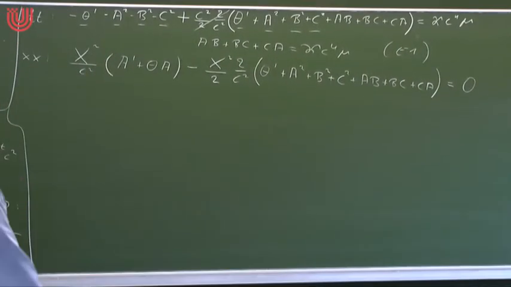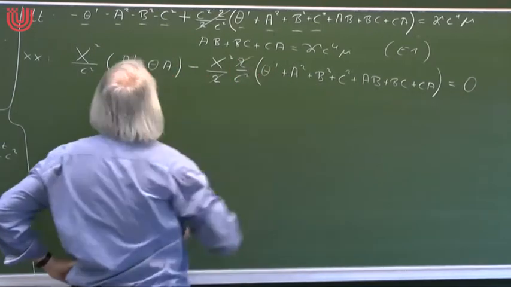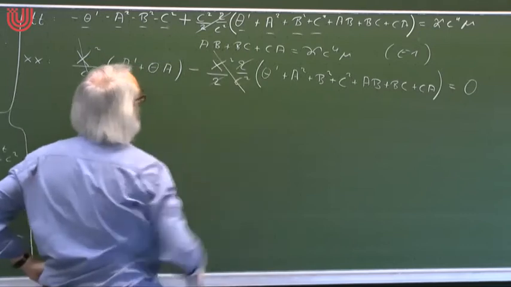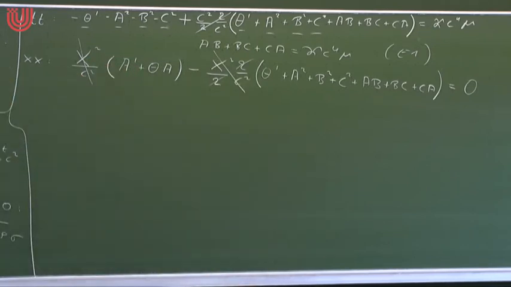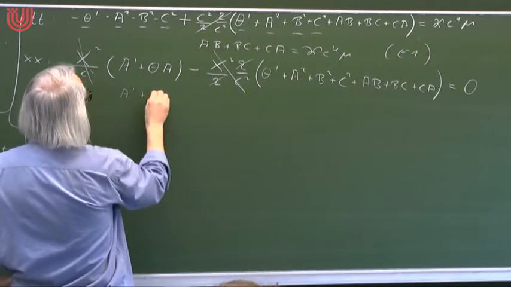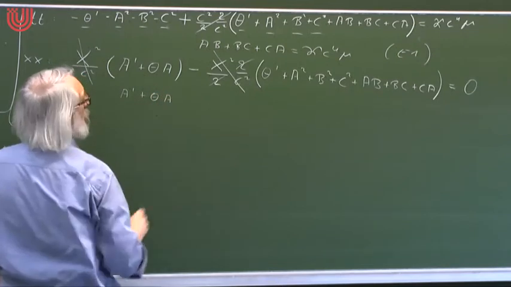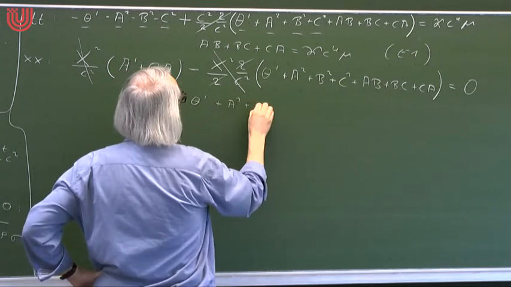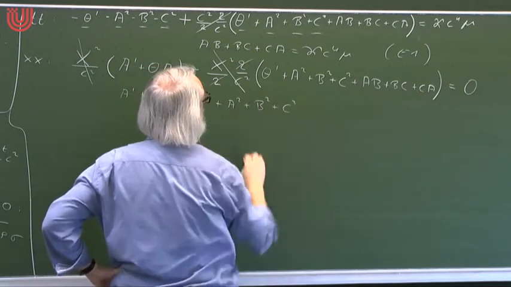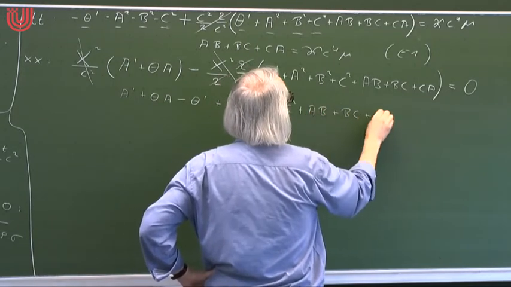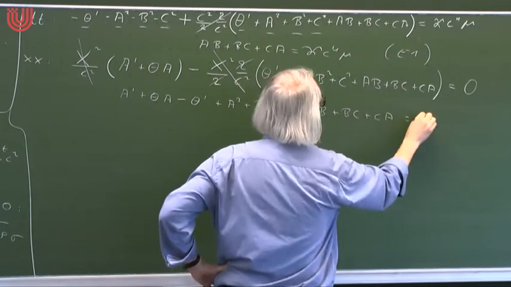So a little bit can be simplified. This goes away, and then I divide by this. Of course, the scale factor is non-zero, otherwise the metric would be degenerate. So that's it. I think I cannot do anything with this. Theta prime plus theta a minus c prime plus a squared plus b squared plus c squared plus ab plus bc plus ca is 0.